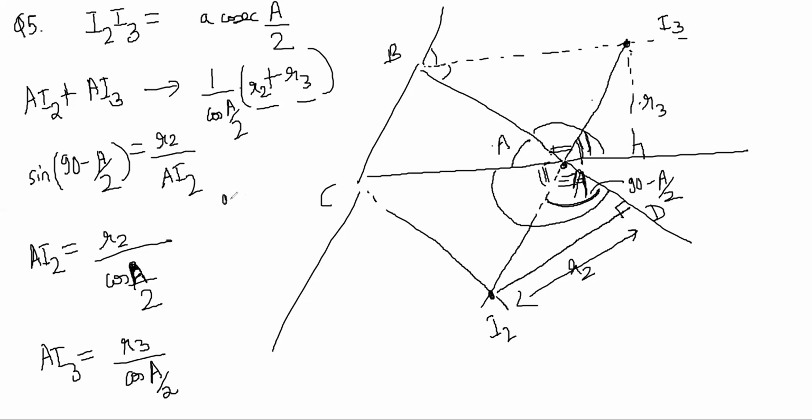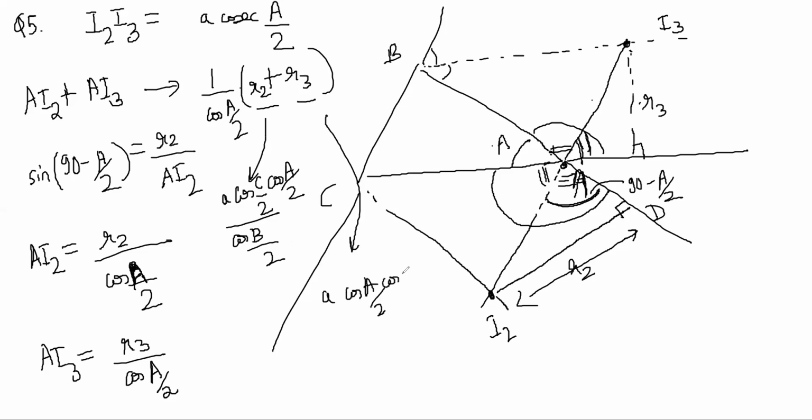It will be A cos C by 2 cos A by 2 by cos B by 2 is R2, and this one will be A cos A by 2 cos B by 2 by cos C by 2. This will be R3. So 1 by cos A by 2, this cancels and this cancels. So it is A cos C by 2 by cos B by 2 plus A cos B by 2 by cos C by 2, right?